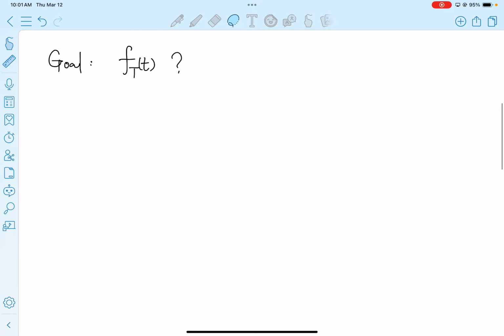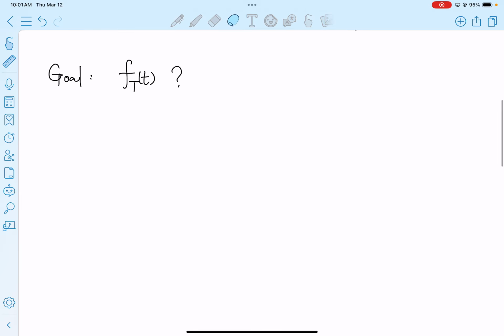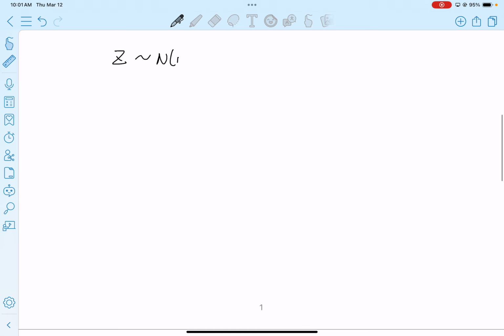Okay, so now let me just provide a quick summary of the information that we have here. We have z following a standard normal. We have a v following a chi-square with k degrees of freedom.